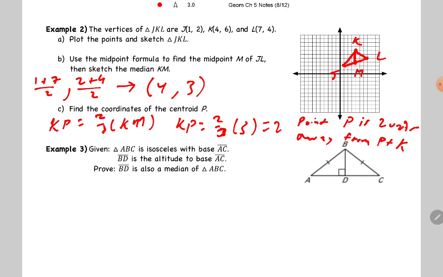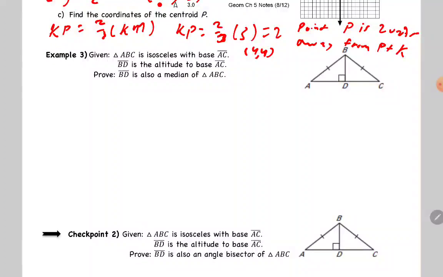So that would be 4 comma... Point K is 4 comma 6, so 2 units away downward is 4, 4. So P is 4, 4.